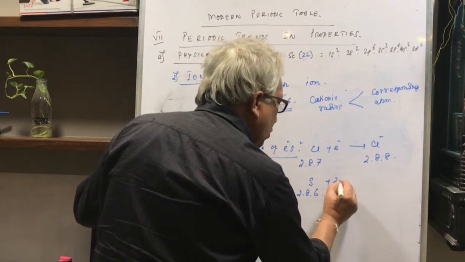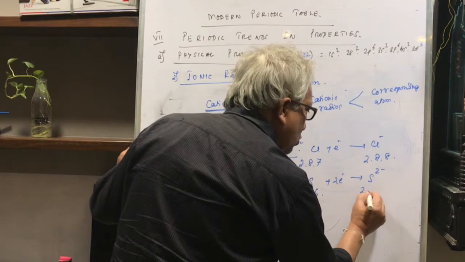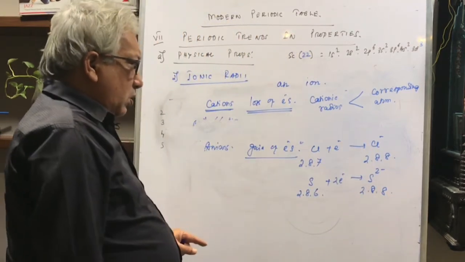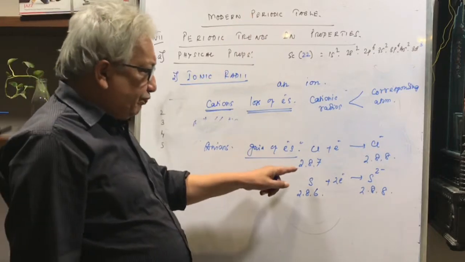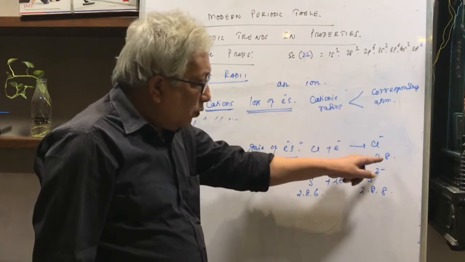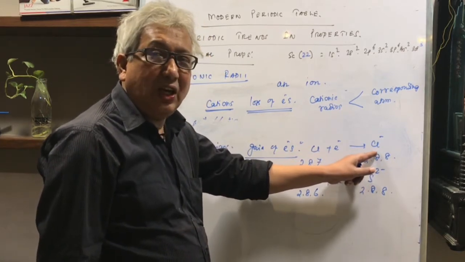It gains 2 electrons to become S2 minus, 2, 8, 8. Now in this case, earlier 17 protons were attracting 17 electrons, but when it formed the Cl minus ion, 17 protons are attracting 18 electrons.